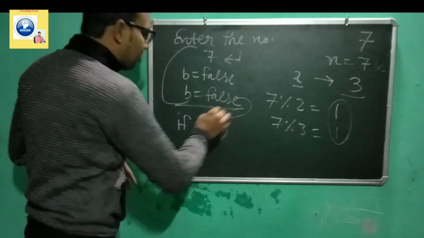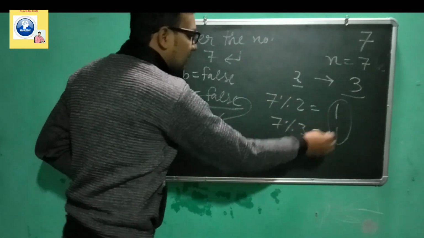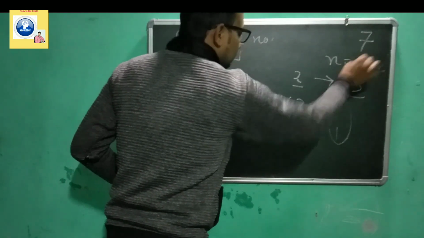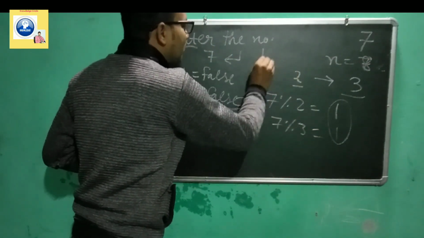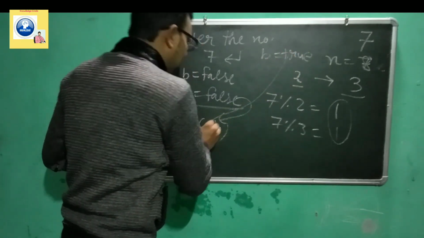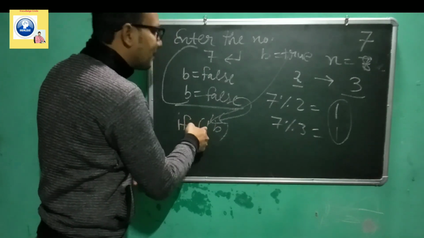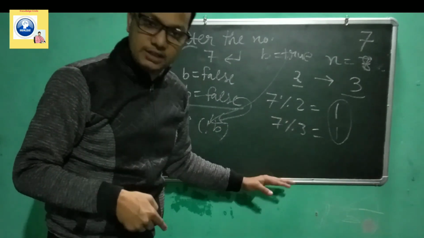Not b will make it true. True means prime. And if we take 8 here and it becomes divisible, then after the divisibility the value of b will be changed to true. And when it becomes true, then when it comes here to check, true will become false, and it will show that it is composite.